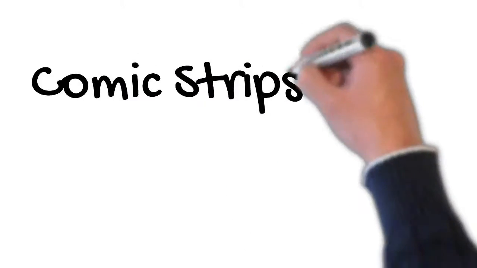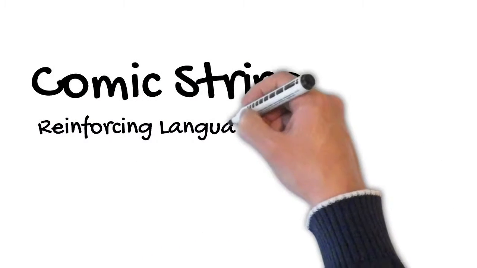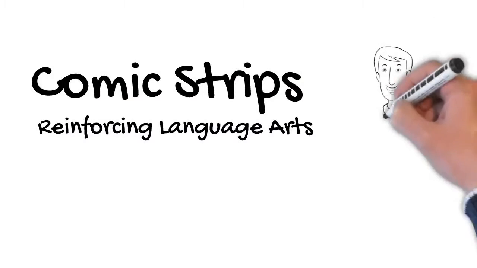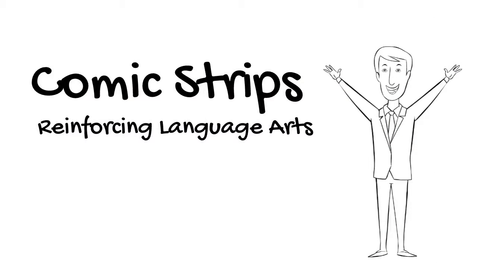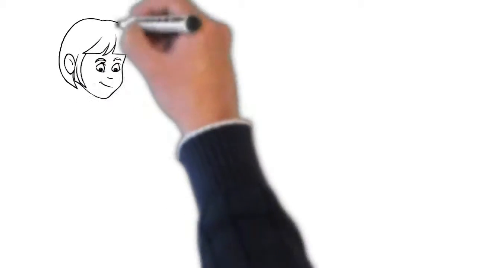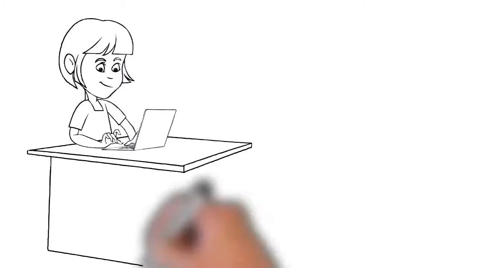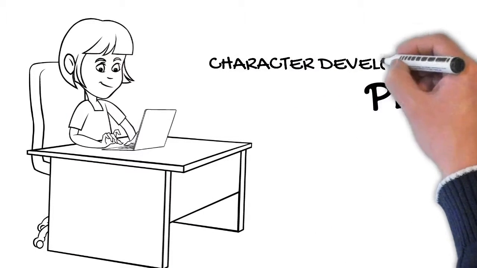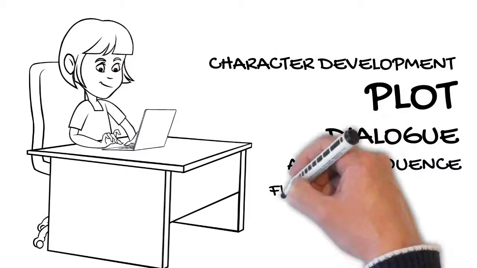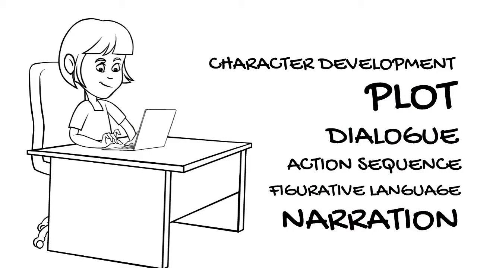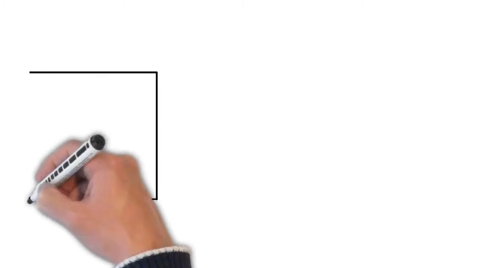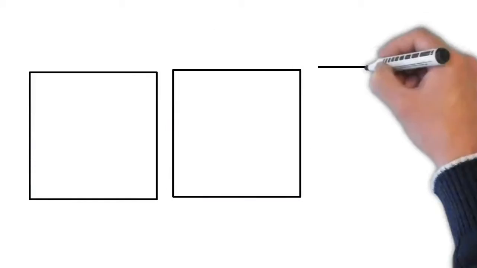Another activity would involve using text to reinforce language arts elements through the development and creation process of comic strips. Students will apply a variety of key elements in writing such as character development, plot, dialogue, action sequence, figurative language, and narration. Students would be required to create a comic strip with 3 panels.